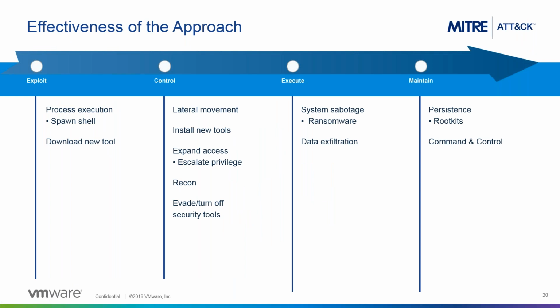Now, I really want to put this back into perspective, looping back to the MITRE ATT&CK framework, and talk about the types of attack techniques that AppDefense is designed to stop throughout the attack chain. This is just an example of some of the attack techniques across the MITRE ATT&CK framework. It's not all of them, but I'm going to use this as an example for exactly how AppDefense works and the sort of attacks that it would stop.